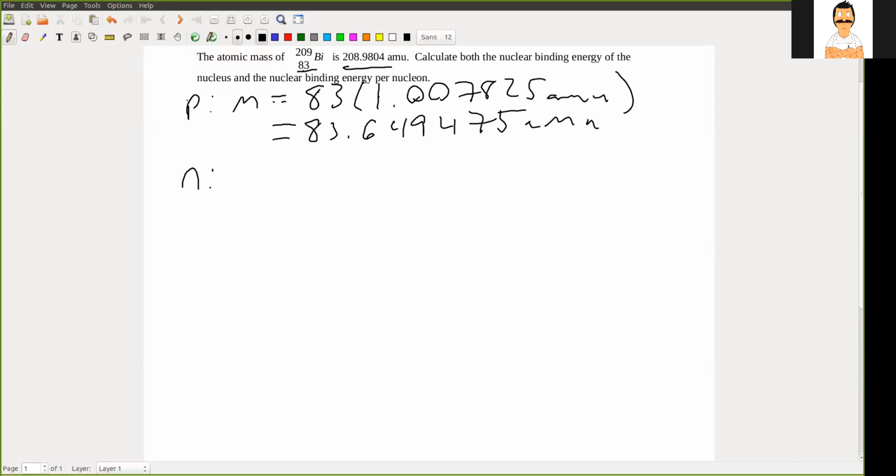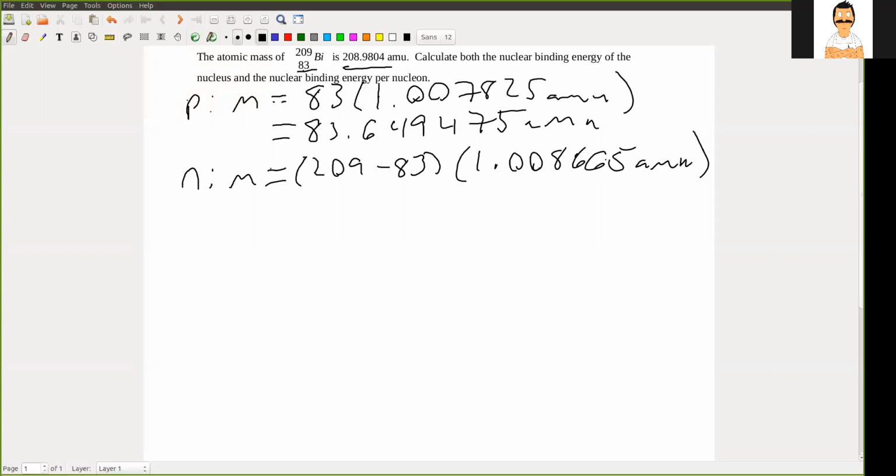Now for neutrons, we have a mass that's equal to 209 minus 83, times the mass of the neutron, which is 1.008665 AMU.